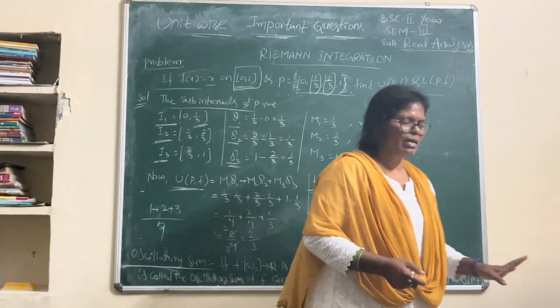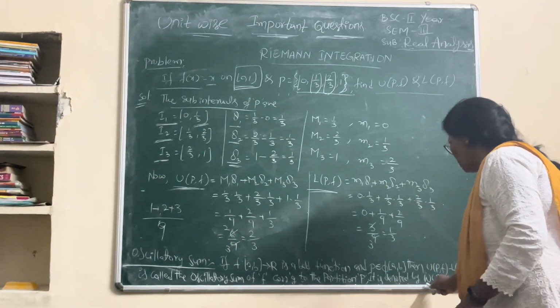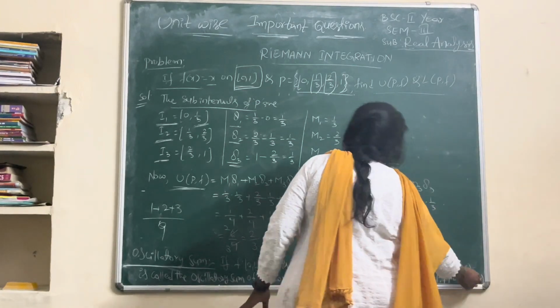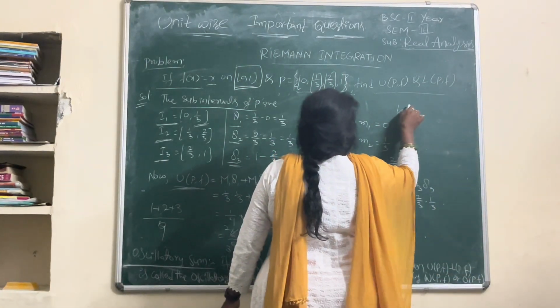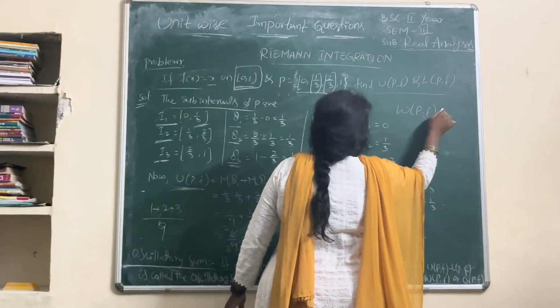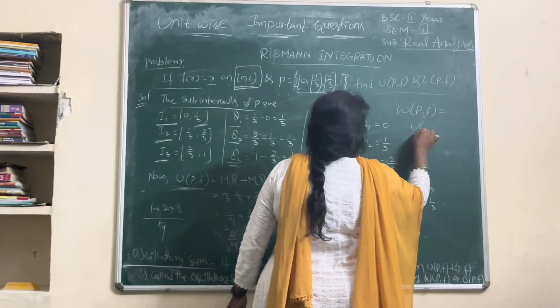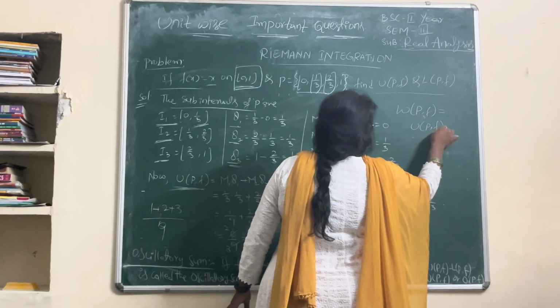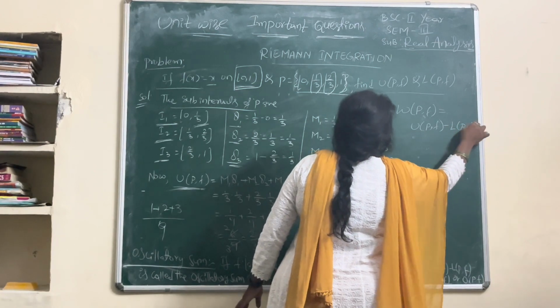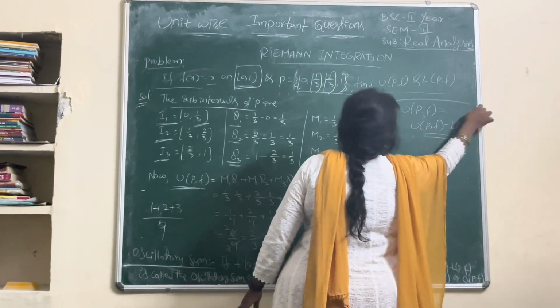This oscillatory sum is denoted as W(P, f) or O(P, f), which equals U(P, f) minus L(P, f). This is the oscillatory sum.